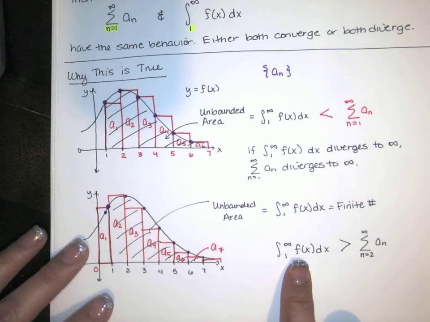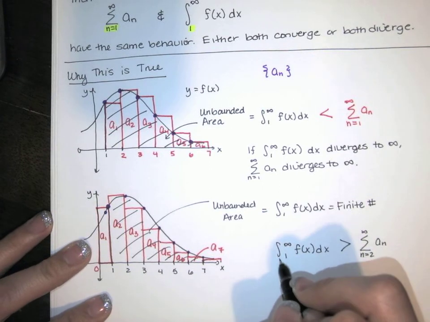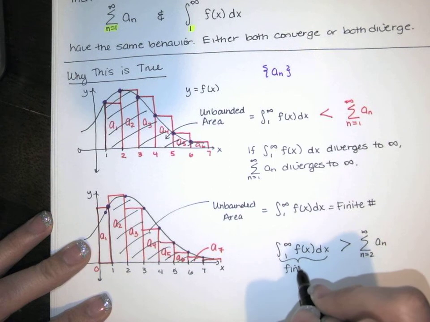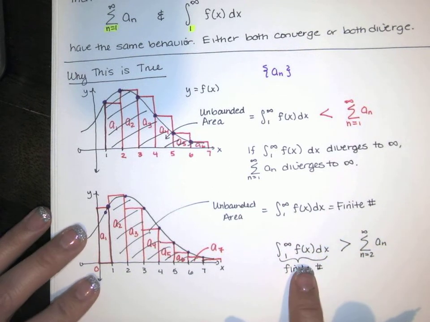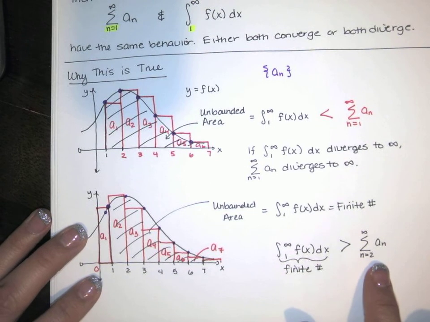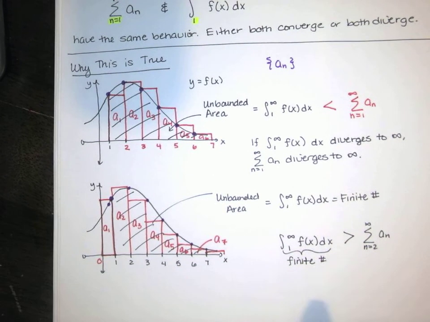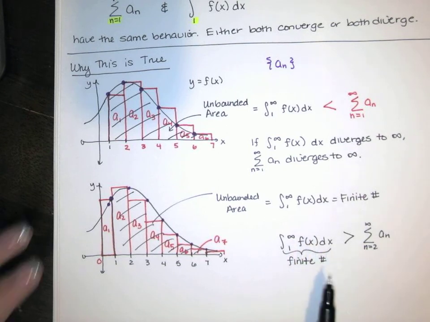So what does that mean? Well, remember, if this is a finite number, so you evaluate this improper integral and you get 20, and this is smaller. Well, because of the way infinities behave, it's not necessarily going to be less than 20, it's going to be less than or equal to 20, because of weird things that happen at infinity with the endpoints of those intervals.